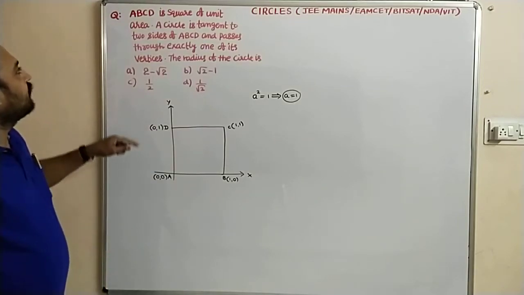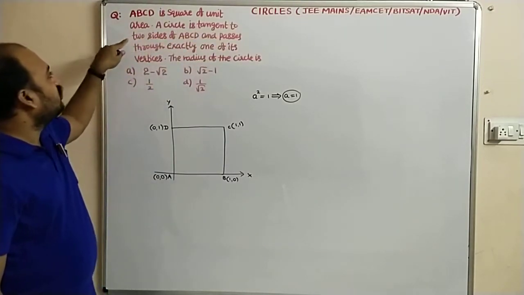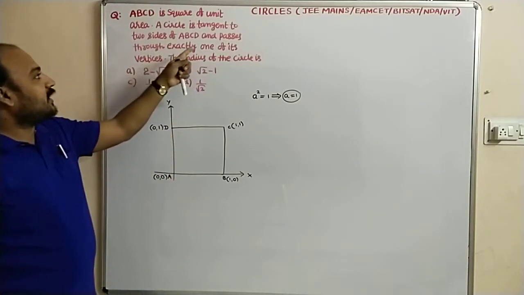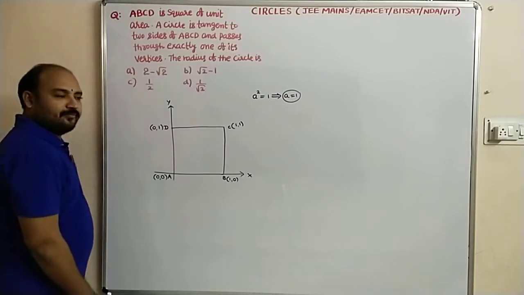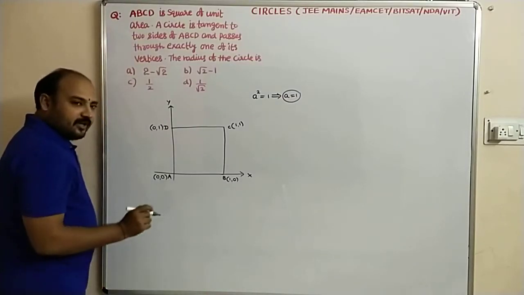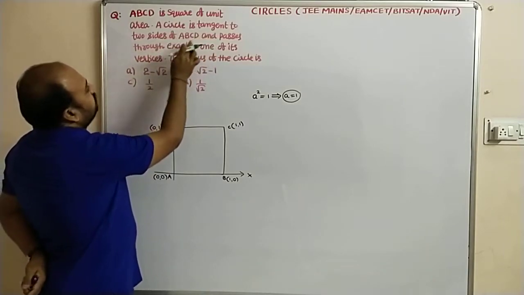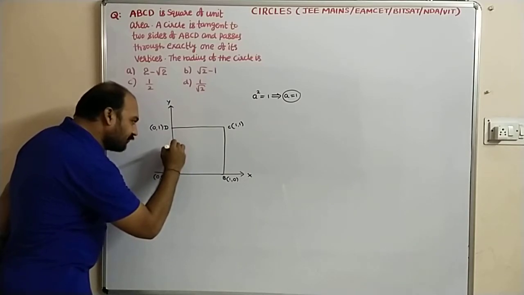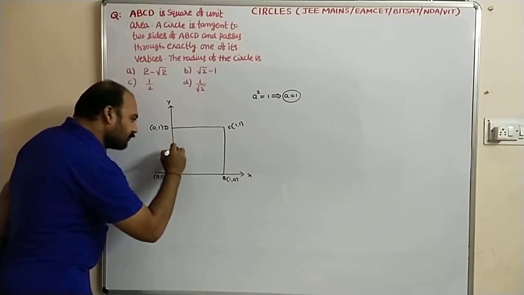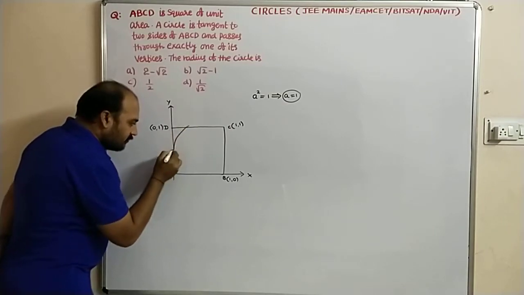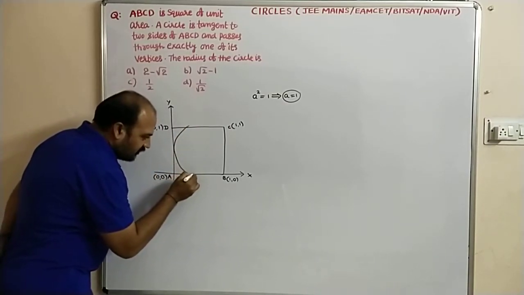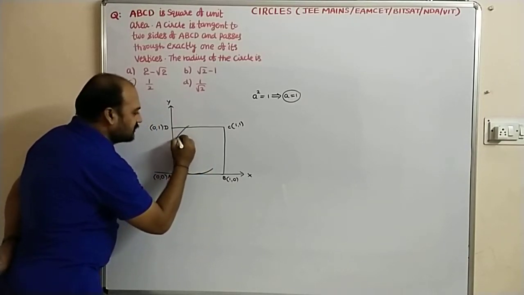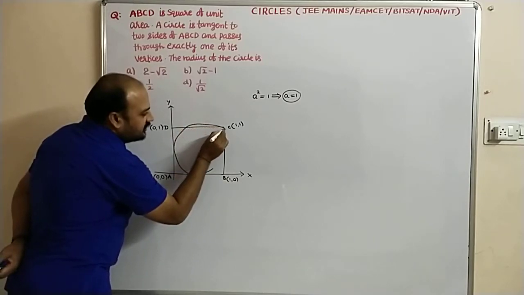After that, a circle is tangent to two sides of ABCD and passing through exactly one of its vertices. Here the circle touches two of its sides. So if we draw the figure like this, the circle is touching this side as well as this side and passing through one of its vertices.